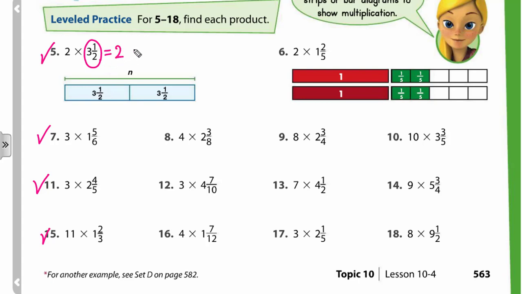So it will be 2 times. Go ahead, convert it. 3 times 2 equals 6. Plus 1 equals 7. So 7 in the numerator and down in the denominator, 2. Great. Now continue.